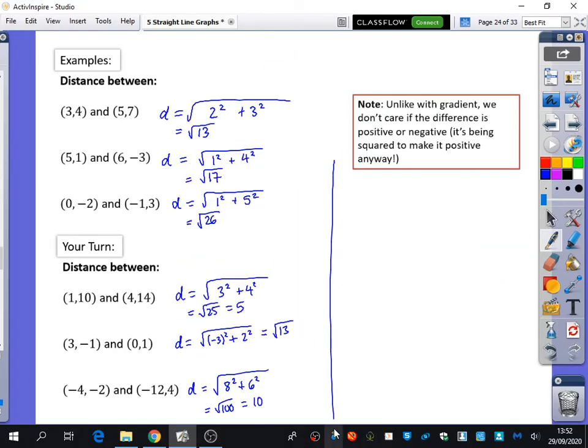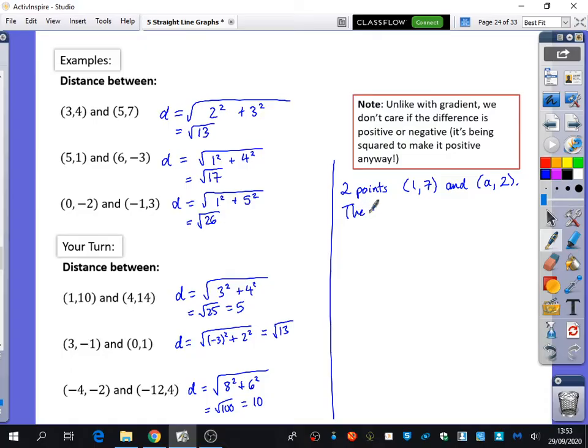I'm going to come up with one other kind of question that we're going to have a look at together. I have 2 points, and my 2 points are (1, 7) and (a, 2).